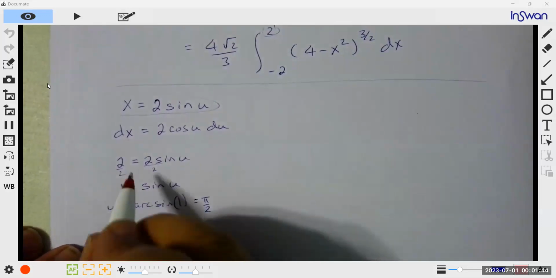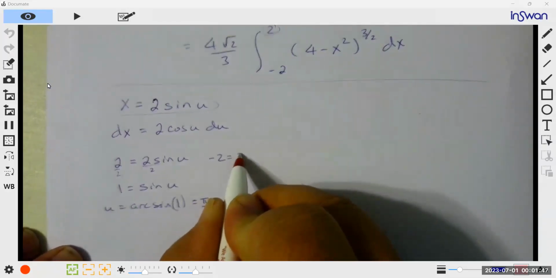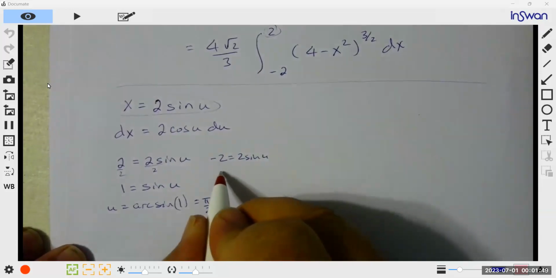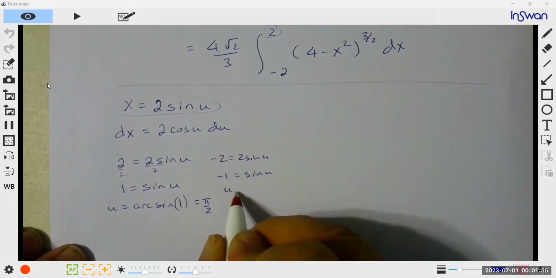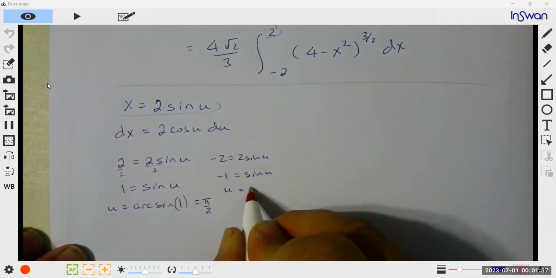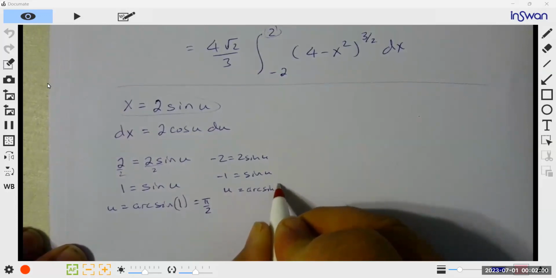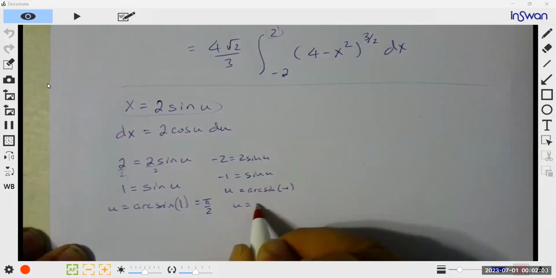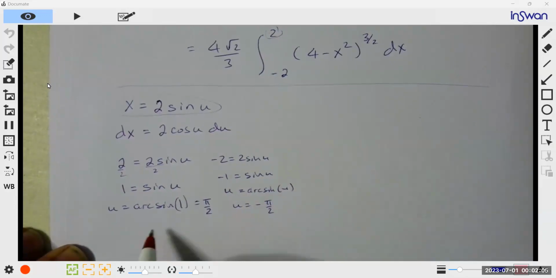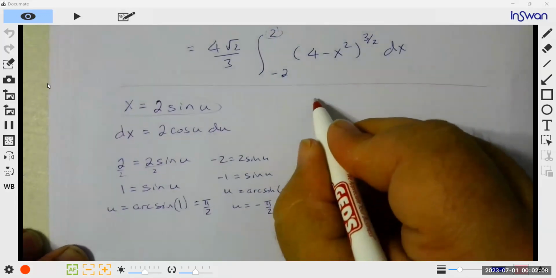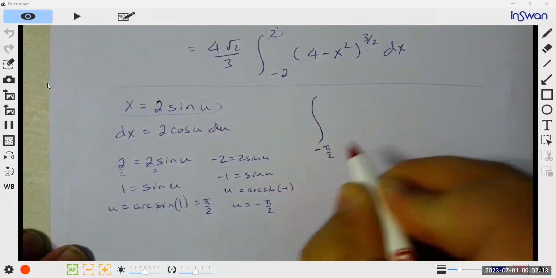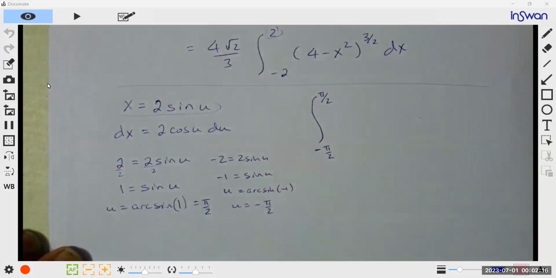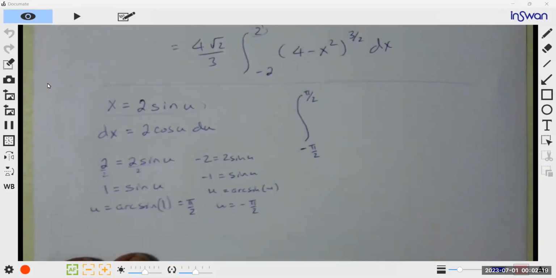And the other one, we put -2 equals 2 sine u, and work that out, we get -1. So the lower bound is arc sine of -1, which is negative pi over 2. So our bounds are now going to be from negative pi over 2 to pi over 2, because now we're doing with respect to u's.